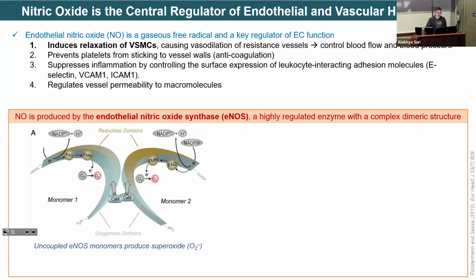The enzyme that produces nitric oxide in the endothelium is the endothelial nitric oxide synthase, or eNOS, right? There are 3 nitric oxide synthases, each of them encoded by a different gene. Those genes are called NOS1, NOS2, and NOS3. They encode, in order, the neuronal nitric oxide synthase, the inducible nitric oxide synthase, and then NOS3 encodes the endothelial version.